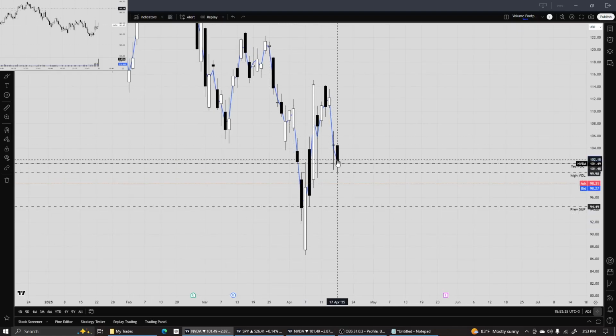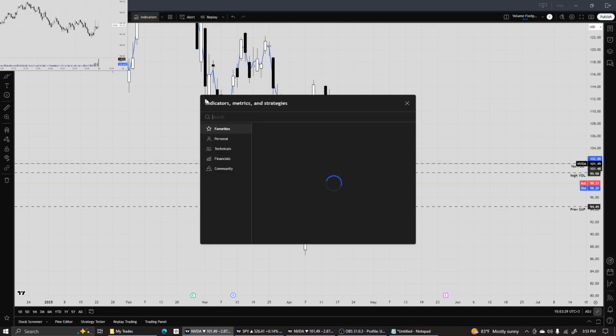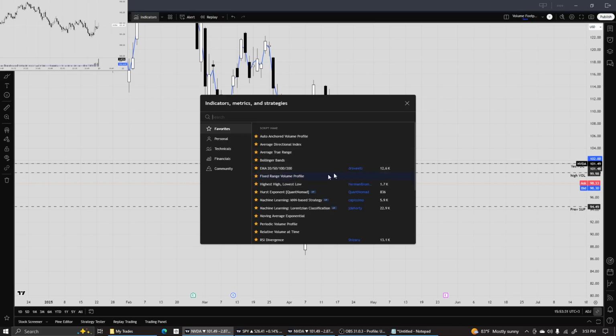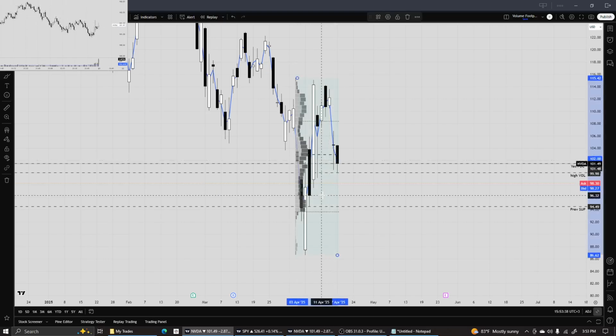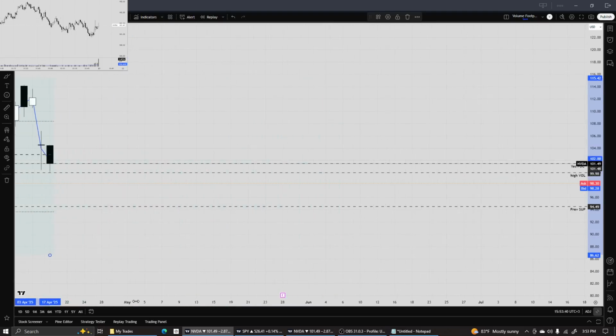So from this candle to this candle. Indicators, fixed range volume profile, from here to here. Where is the most volume?